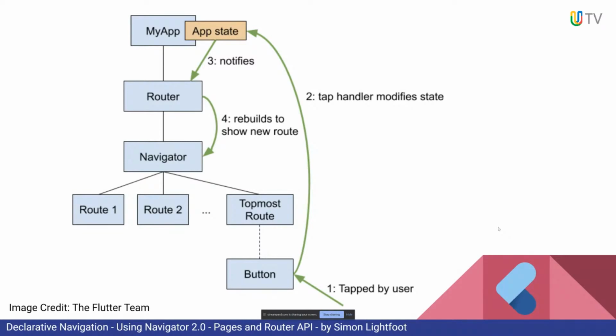So you do a schedule microtask or add post-frame callback or something like that to say, make the navigation change after the current build is finished. So what we're actually doing here is because we're modifying the app state, that build process becomes part of that flow of changing widgets now. So you don't get that kind of out of order execution.